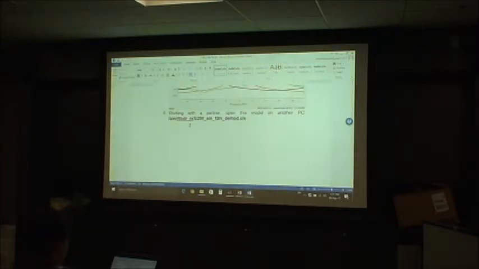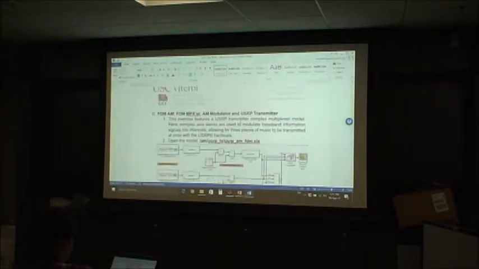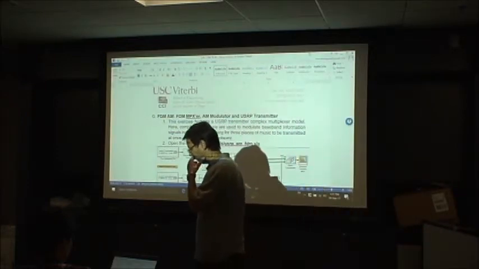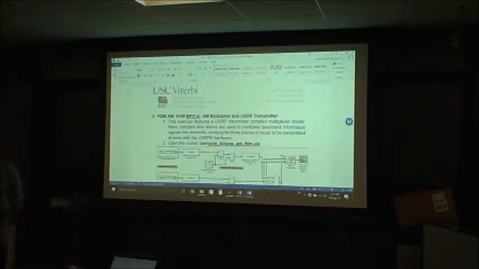FDM demo, and the other is FDM transmitter side. Just open that so she can see something on the screen. Which one is the bad one?